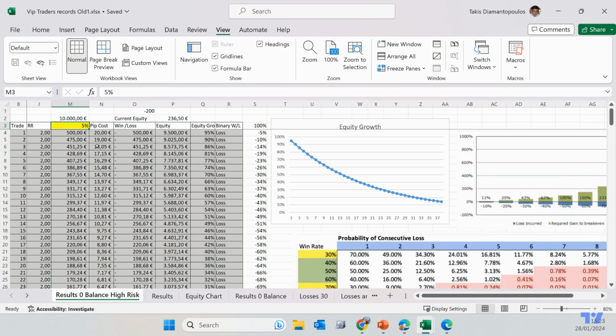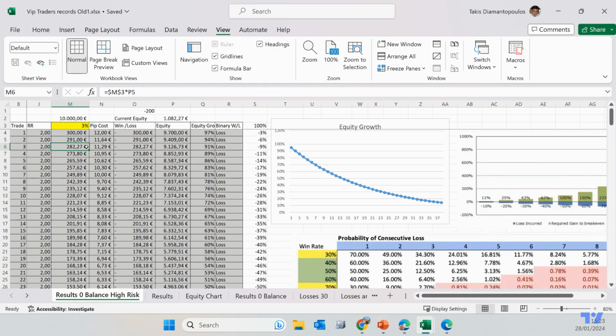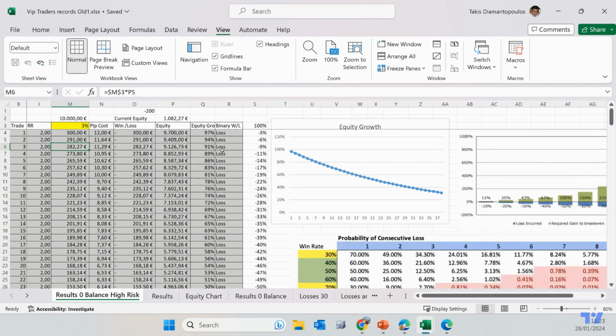For example, if I was that good and I was getting a success rate of 60%, which I think is amazing for a Forex trader to get 60% or above. I am getting this once in a while in some months, okay? And I used to trade with 3% risk, reward with a success rate of 60%.